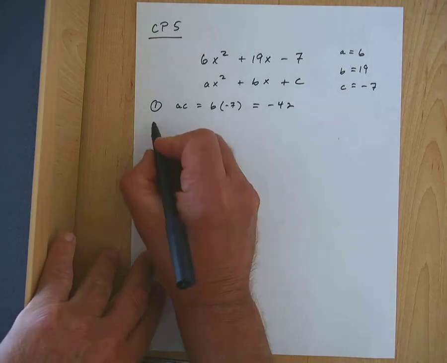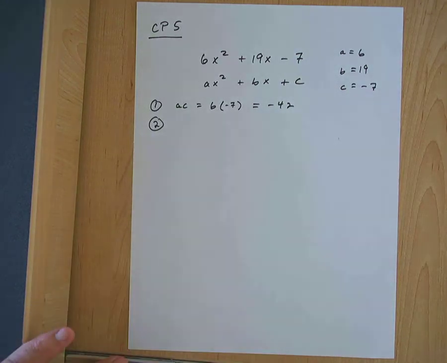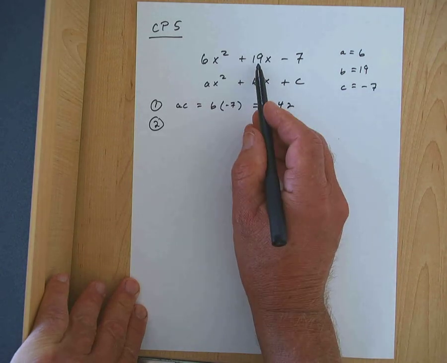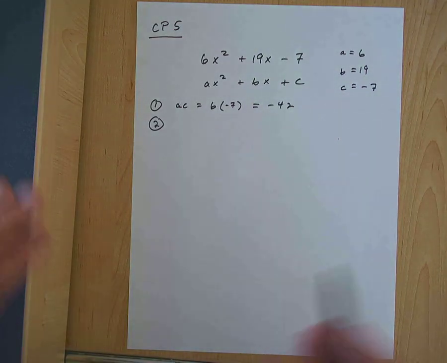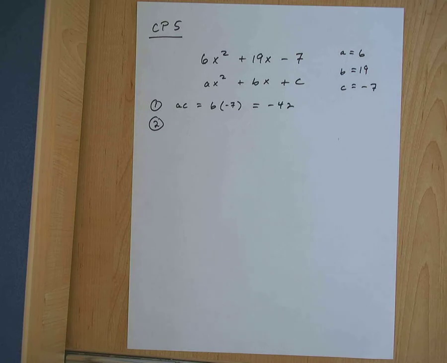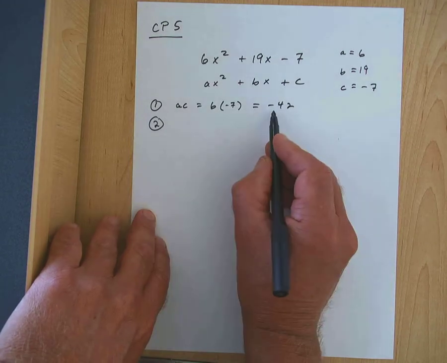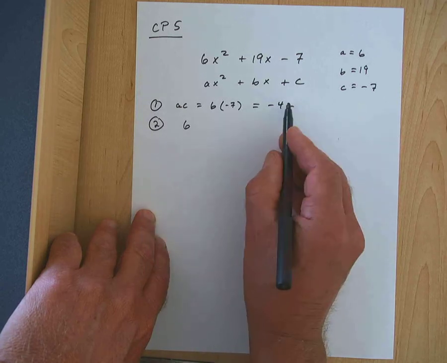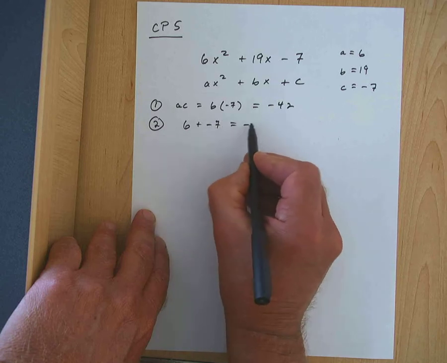Okay, the second step, we're going to look for factors of this product of -42. We want to find a pair that add up to give b, the coefficient of the middle term, that add up to give +19. When I see 42, usually I think of 6 times 7, so let's try that. The negative we have to take into account here, so 6 and -7, add those two together, and we end up with -1.